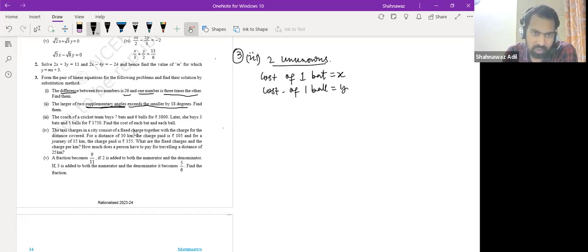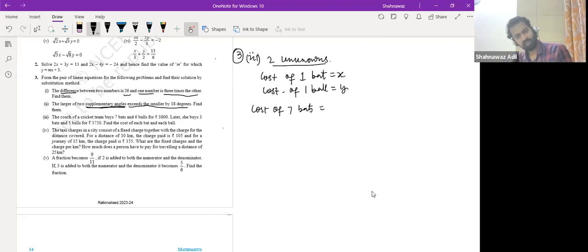So what would be the cost of 7 bats? No, no. Cost of one bat is x. So the cost of 7 bats would be 7x.